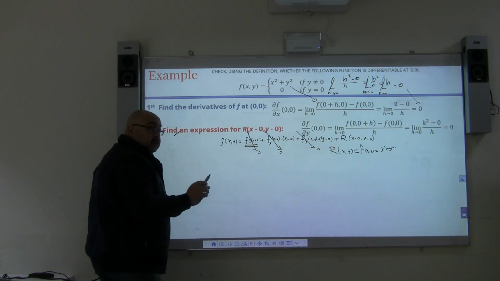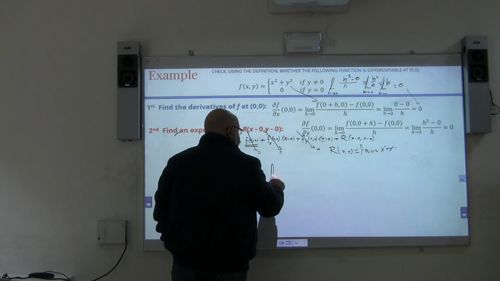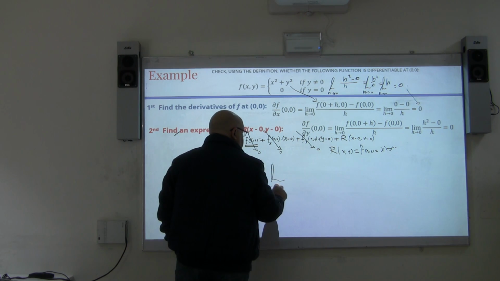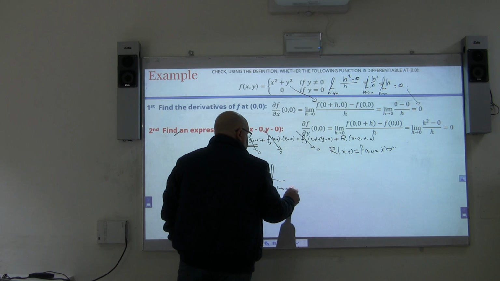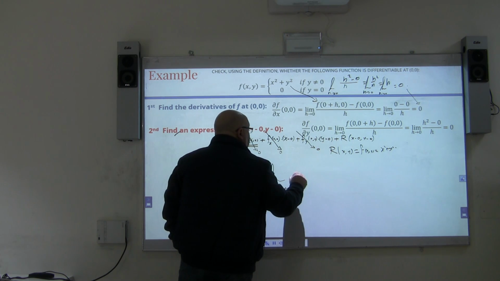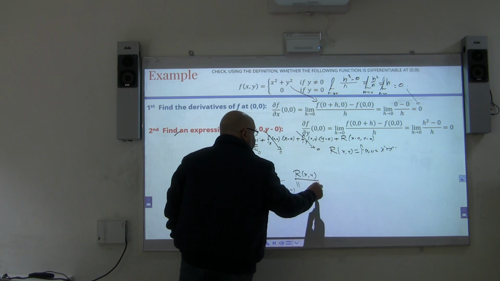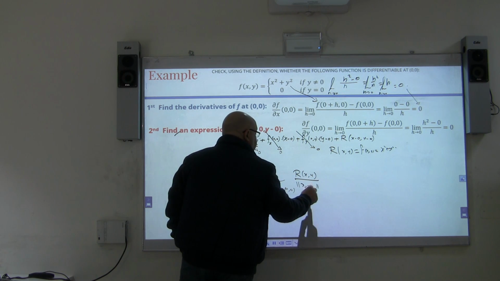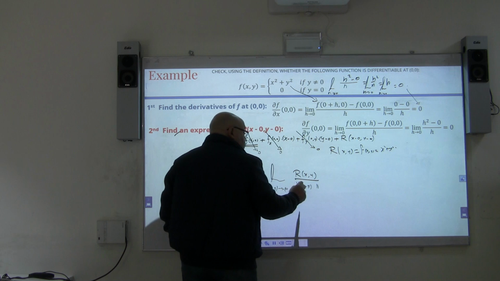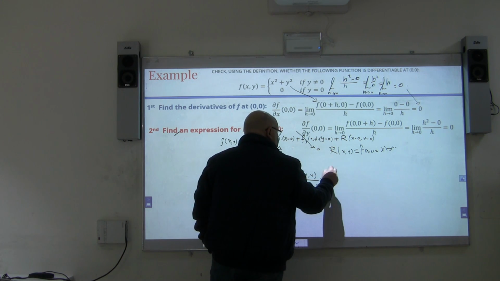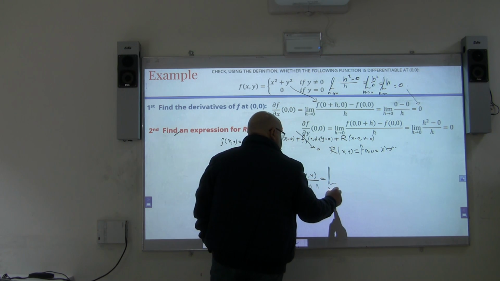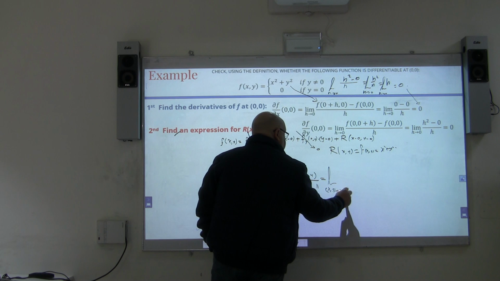The third step is to find the limit. Can you remember the limit? Yes. The limit as (x, y) tends to (0, 0) of r(x, y) divided by the magnitude of (x, y). Once you start substituting, you will have the limit as (x, y) tends to (0, 0).